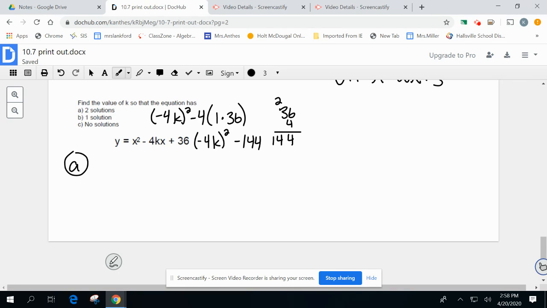So I need to have something times 4 that's going to be greater than 12, because 12 squared is 144. So how about I plug in a 4 right here. I could have a negative 4 times a negative 4, because that would equal 16 squared, which would be greater than 144. So I'm going to plug in a negative 4 right there.